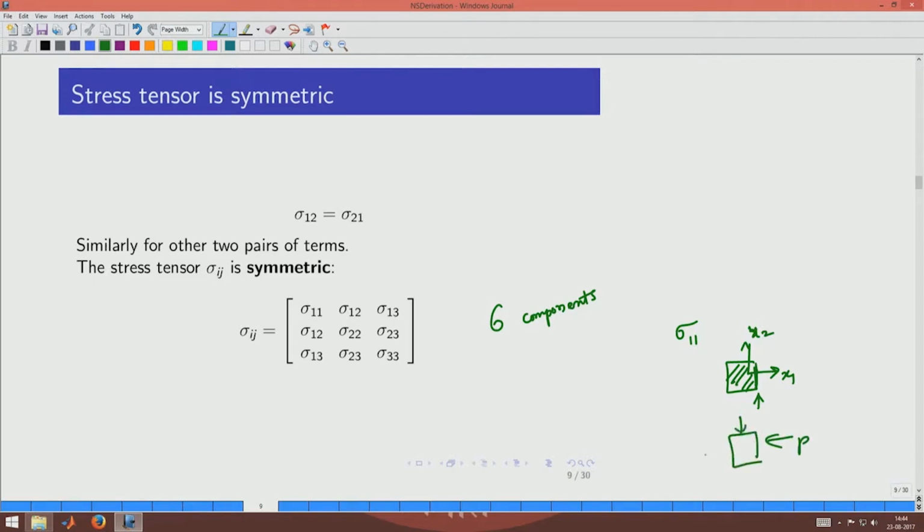Okay, so we understand pressure in this manner, and sigma 11 is basically trying to expand it in the x1 direction. So there is a mix up of these two concepts, so we want to then separate them out. So that's exactly what we are going to attempt.